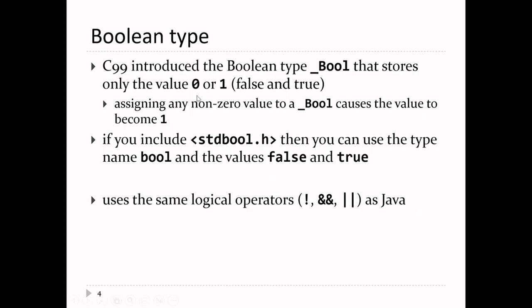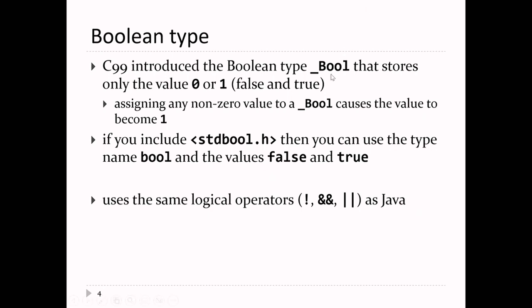For the bool type, the value corresponding to true is 1. If you make a variable of type _Bool and assign it a numeric value, that value always gets converted to 0 or 1. I'll show you an example of that in a second.